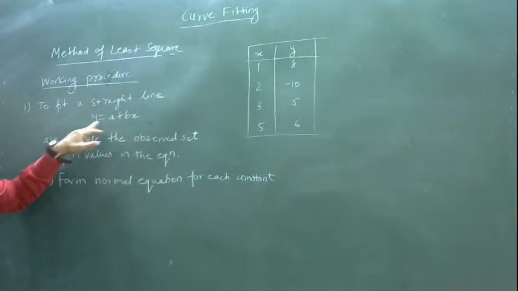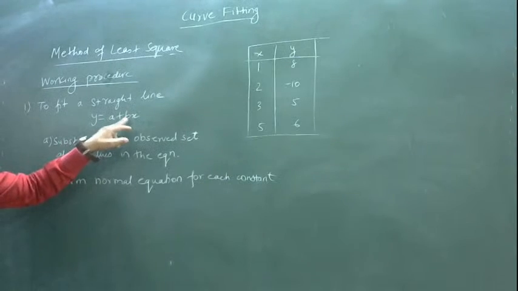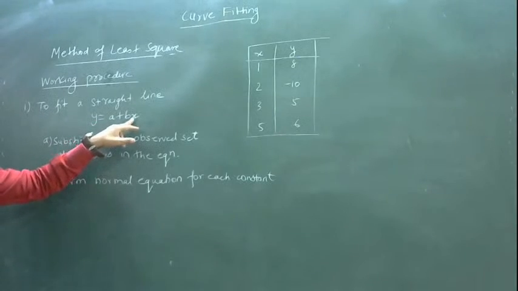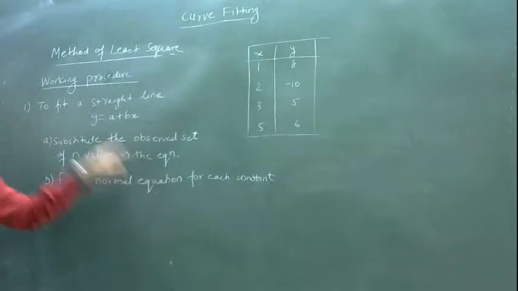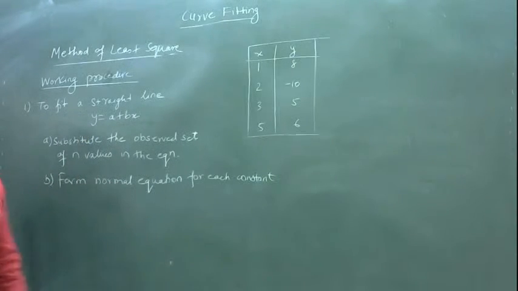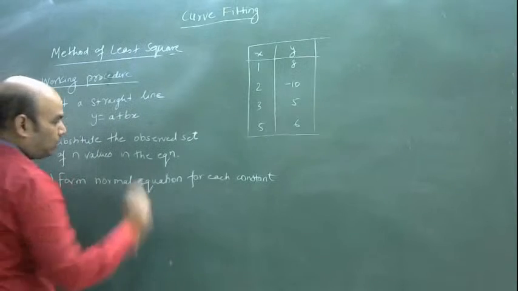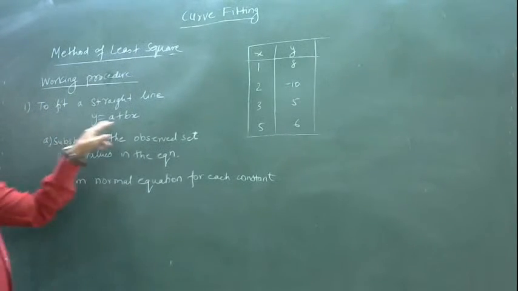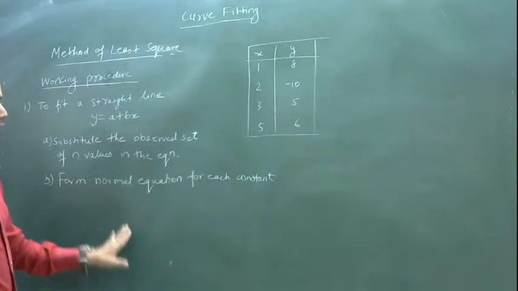So you have to find the equation in terms of x, where a and b are known. Then you can find the curve equation in terms of x, and by putting various values you can find the curve defining this equation. So here there are two constants, so we will form two normal equations.